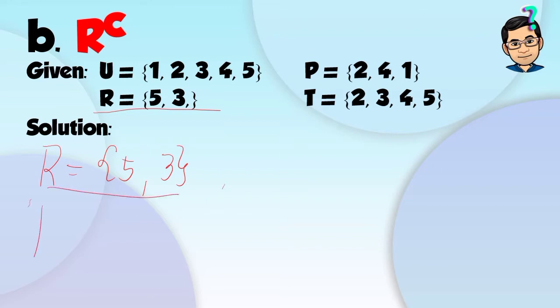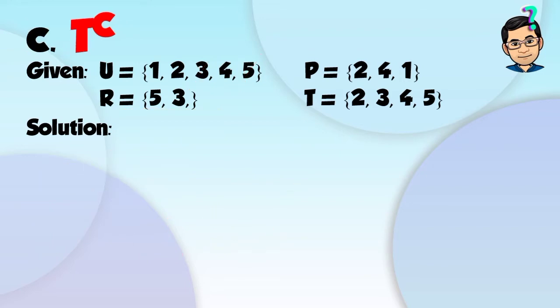So, R complement equals, so, i-cross out natin yung 5 and 3 from the universal set para mas madali. So, 3 and then 5. So, ang mga natira lang natin is 1, 2, 4. So, it means R complement is 1, 2, 4. This will be the final answer.